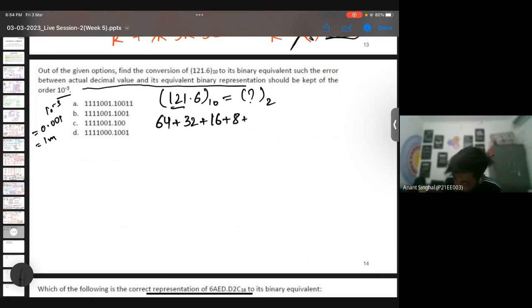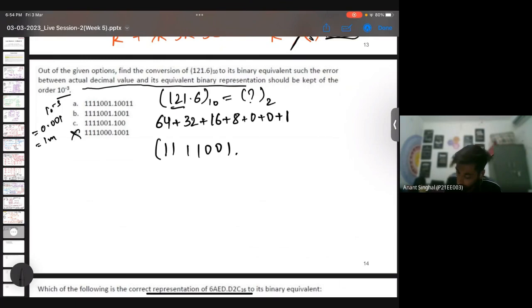Then no 4 required, no 2 required, and then 1. So this is the shortcut to calculate. I have already told you in the previous problem, so it will be 1111001. Okay, so we have eliminated option D. So 121 is nothing but this.